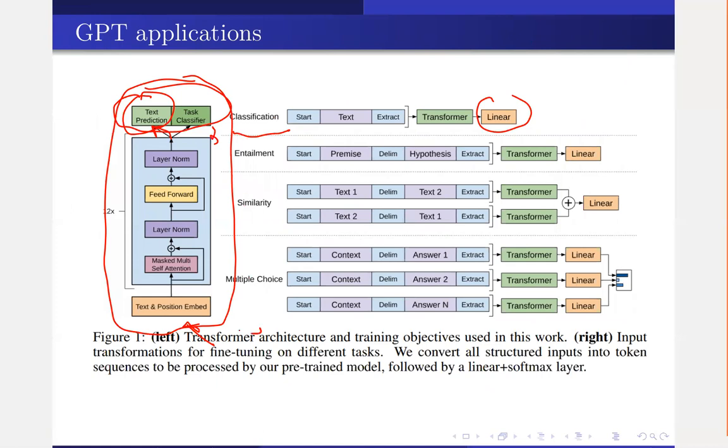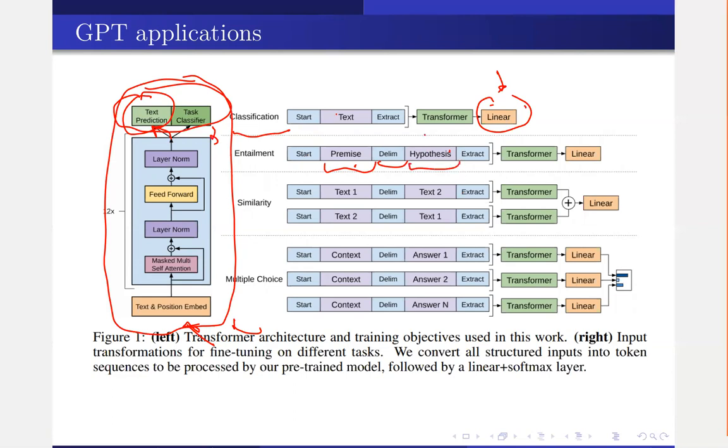Now I have a sentence coming in. Instead of using the original linear layer, I'll train this linear layer to just classify the sentiment of the sentence, whether it's positive, negative, or anything. Or I can do entailment, where I have two sentences separated by a delimiter. The first part is a premise, the second part is a hypothesis.